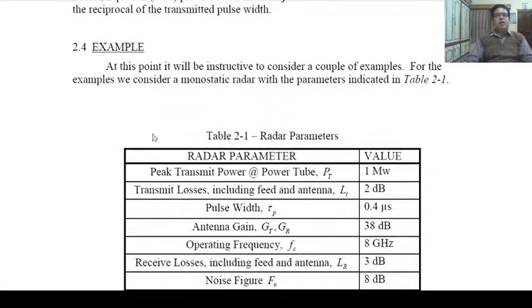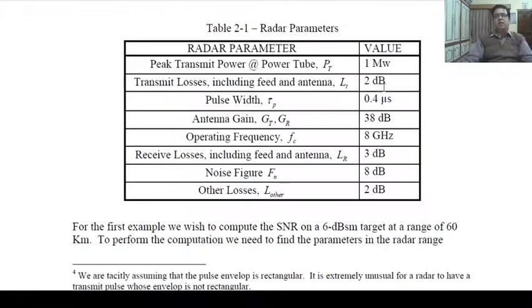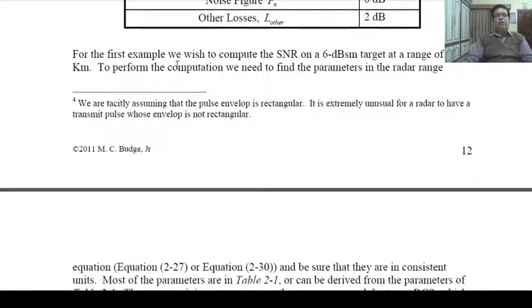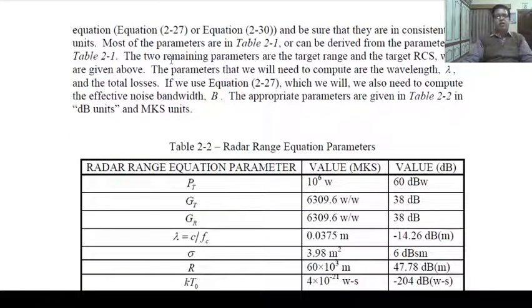Example. At this point it will be instructive to consider a couple of examples. For the example, we consider a monostatic radar and the parameters are given here. For the first example, we wish to compute SNR on a 6 dB SM target at a range of 60 km. To perform the computation, we need to find the parameters in the radar range equation, equation 2.27 and 2.30, and be sure that there are consistent units.